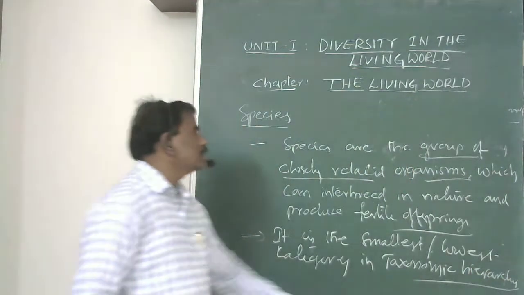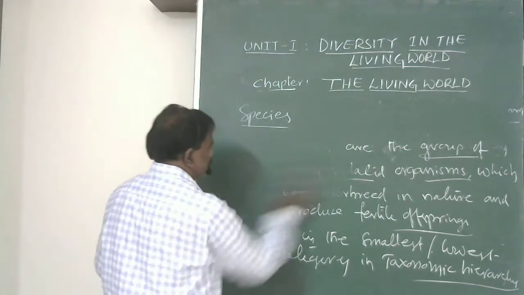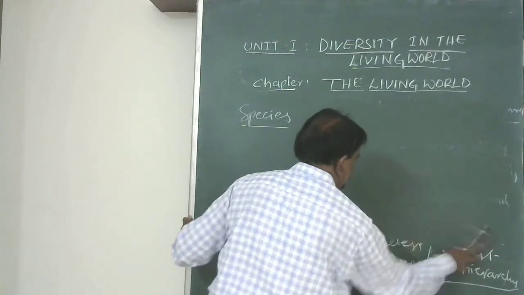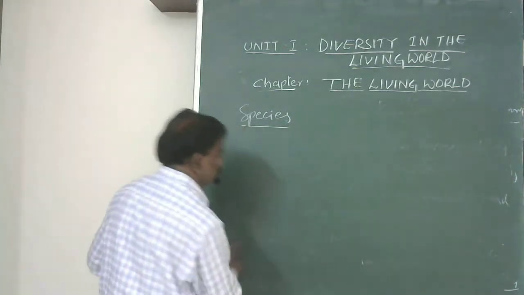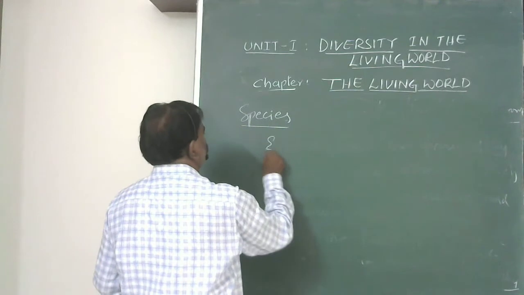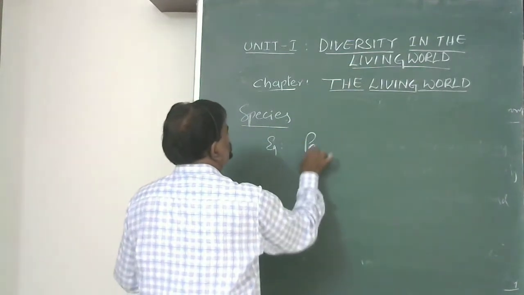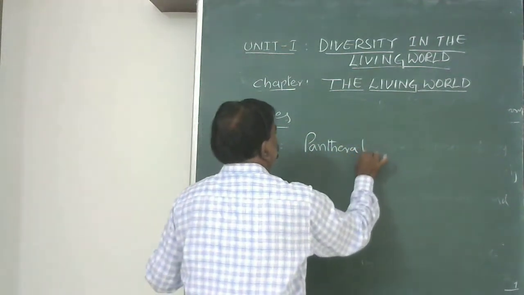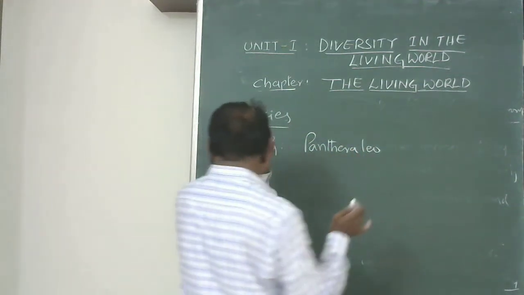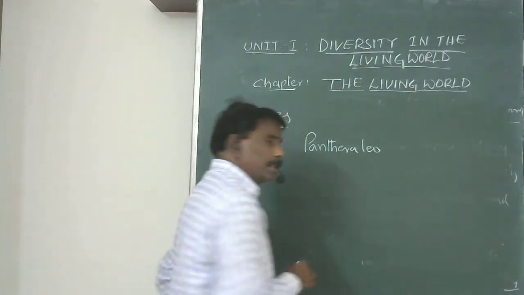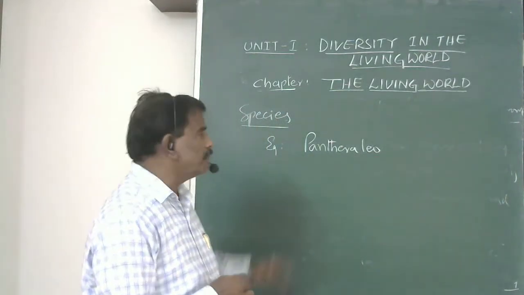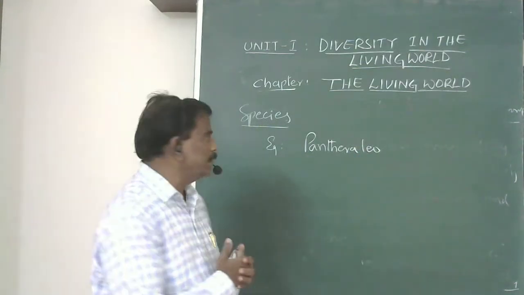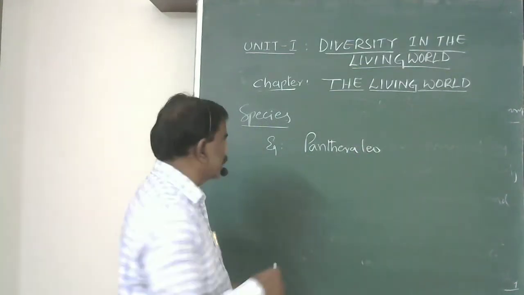Let us consider some examples. Panthera leo. This is the scientific name of the lion. All lions are similar and closely related.